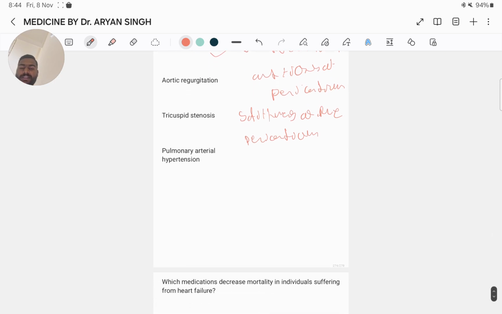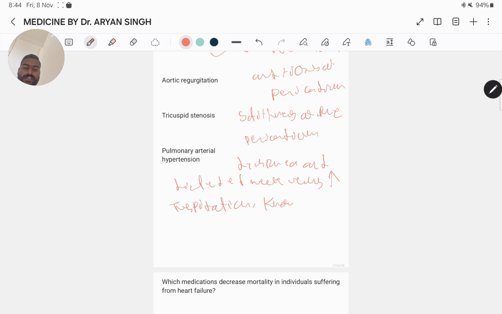The key clinical features include dyspnea and distended neck veins that increase on inspiration. What is this known as?